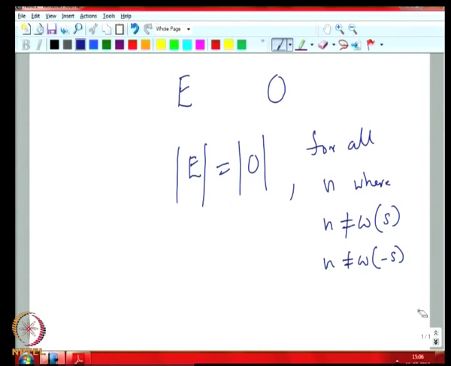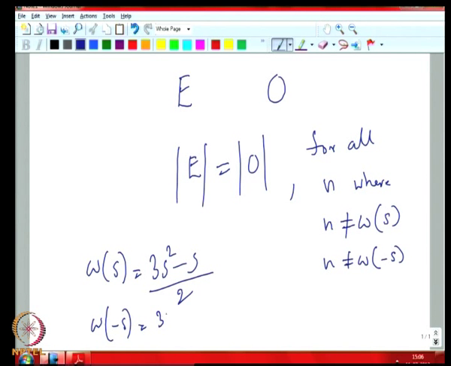And what is this omega of s? Omega of s is equal to (3s square minus s) by 2, and omega of minus s is (3s square plus s) by 2.